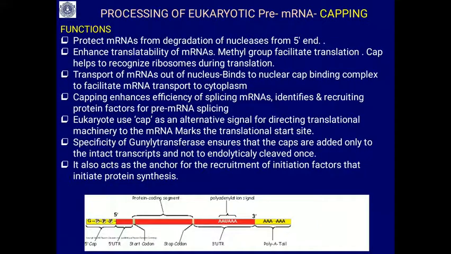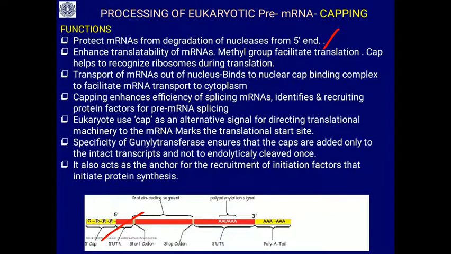So what are the functions of capping? You will find a cap at the 5 prime region of the mRNA in eukaryotes. It protects the mRNA from degradation by nucleases at the 5 prime end. Just imagine, after transcription, it has to be transported to the cytoplasm for the translation process.